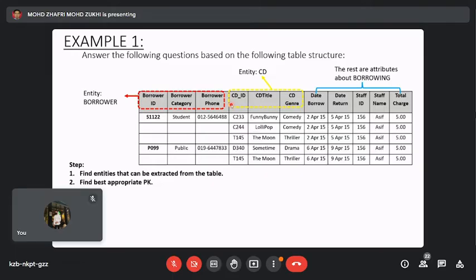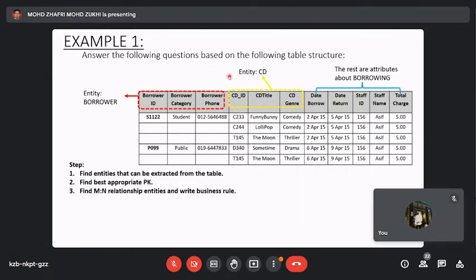Then take a look at the relationship between these entities: is it many to many or not? Usually many to many. For normalization, within the composite table, the relationship between entities will usually be many to many.